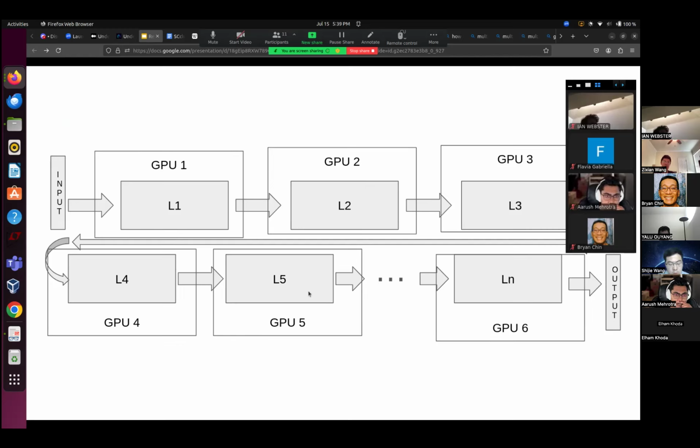Each group can have a couple of layers of the same model, and then we distribute each group to one GPU. One GPU is only in charge of processing the data through the several layers that it is assigned to.